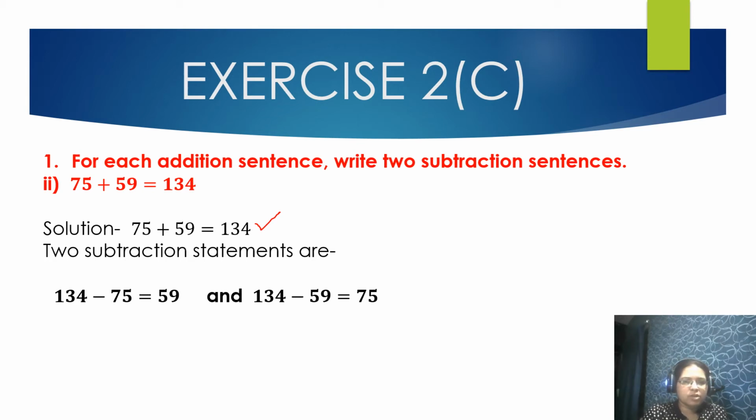So the subtraction sentences will be 134 minus 75 equal to 59 and 134 minus 59 equal to 75.